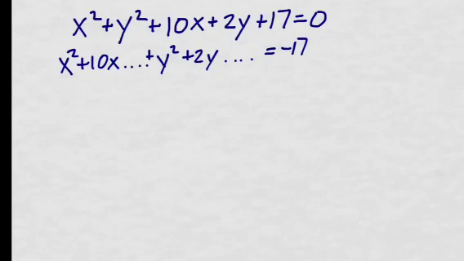Okay. Then we're going to change our color here. So we're going to take half of that number squared, so half of 10 is 5, and 5 squared is 25, so add 25. Didn't give myself much room there. And same thing, half of that number, half of 2 is 1, 1 squared is 1.